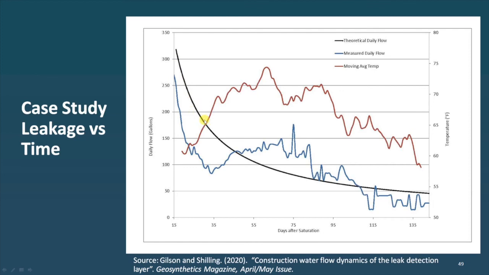It really wants to follow a trend like the black line, except you see this bump up in the middle. Well, this red line up here is the average temperature. You can see that we all of a sudden get a bump in leakage that's the same shape as those rising temperatures. Once the temperature goes down, the leakage picks up where it left off on that logarithmic curve.